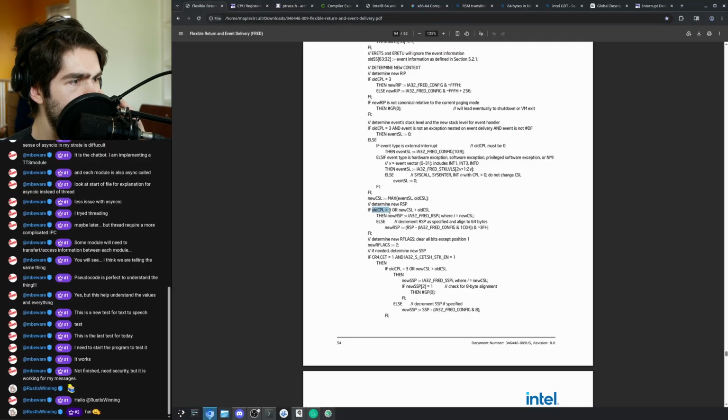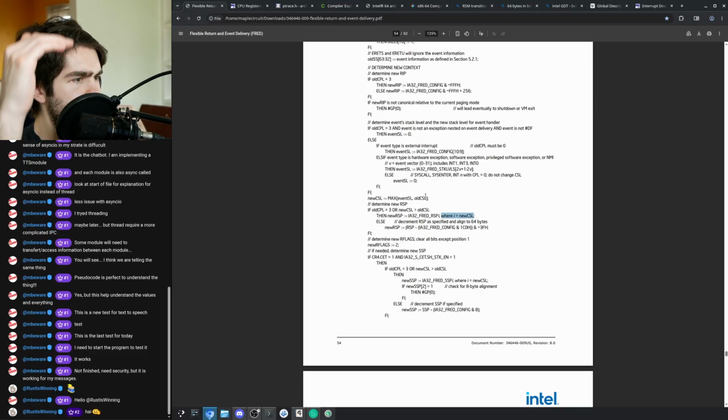If we are in the user space or there's a change in our current stack level, then new RSP, the new return stack pointer, will be the thread RSP, where I is the new CSL, so it's the changed CSL. Okay. Else, decrement RSP as specified and align to 64-bit.